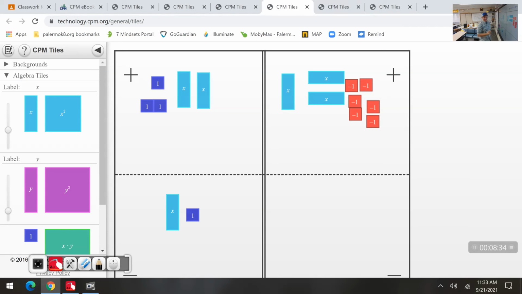Problem letter D. This is problem letter D. I have 3 plus 2x minus parentheses x plus 1 equals 3x minus 6. That's the original.